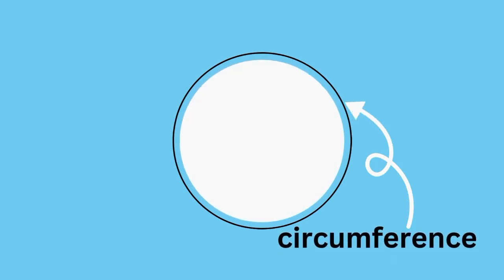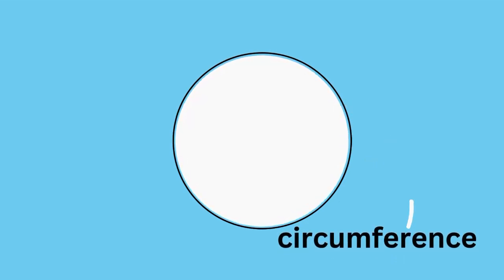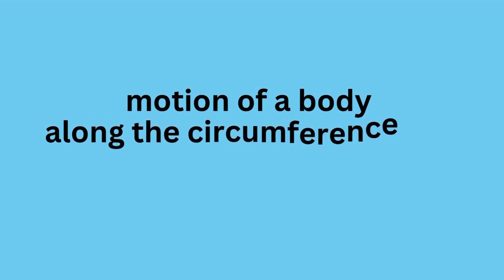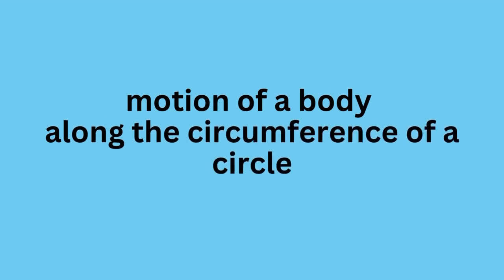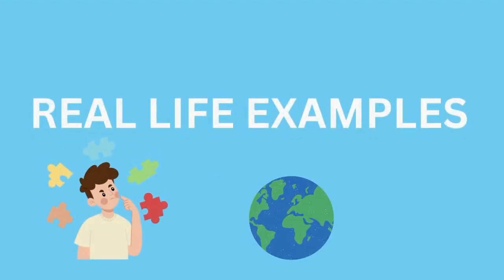Let me draw this circle. You all know that this part of the circle is called the circumference. So do you have an idea of a definition you can give? Very good. So we can say circular motion is the motion of a body along the circumference of a circle.